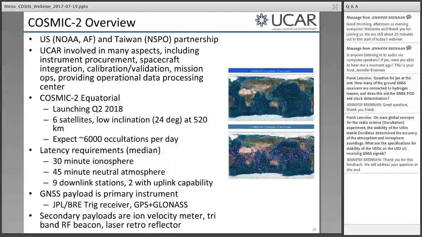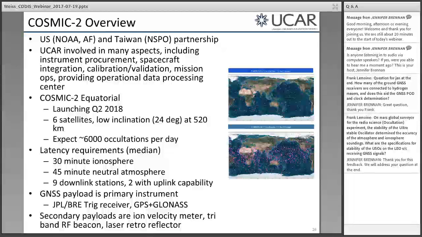That's already double what we got with Cosmic 1. And we have pretty stringent latency requirements. For ionospheric products, it's a 30-minute median requirement, and that means from collecting the measurements on the spacecraft to the time that products are available on the ground.